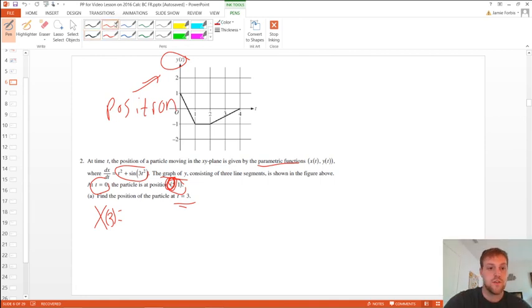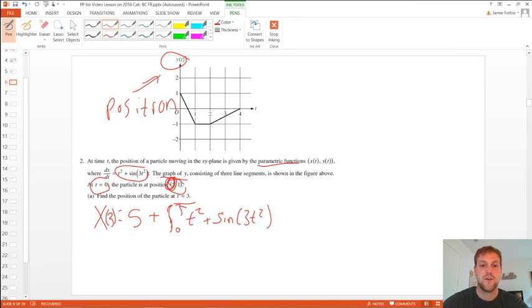Okay, so x of 3 is going to be my initial value 5 plus the integral from 0 to 3 of my rate of change for x, so t squared plus sine of 3t squared dt.